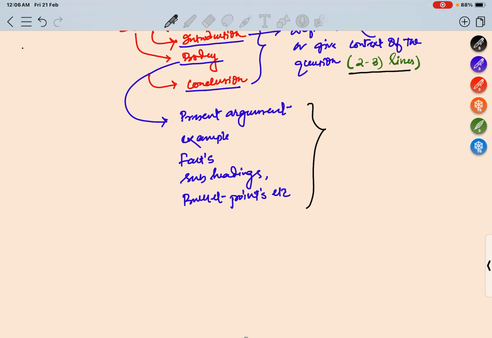A body of an answer should have these 3 or 4 things. If you divide the body section in this way, then you can write it well, and your answer structure will be good.